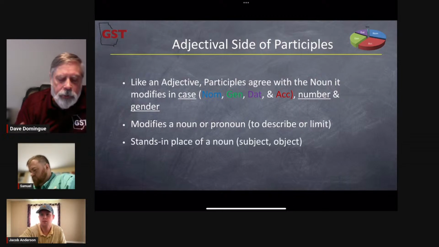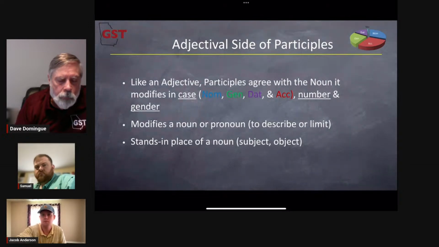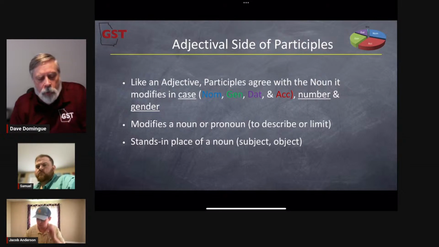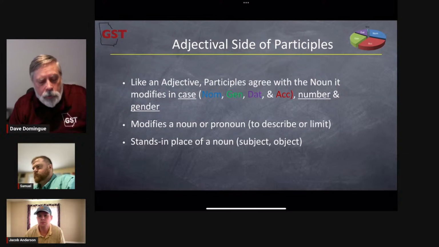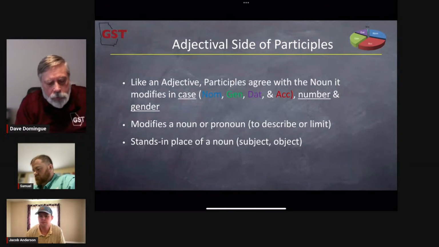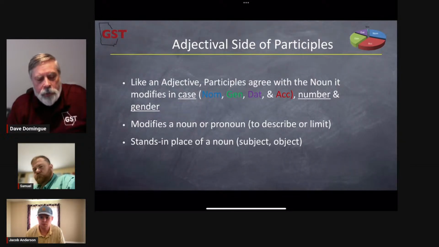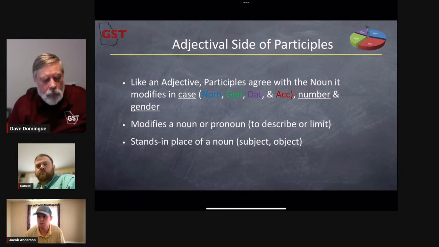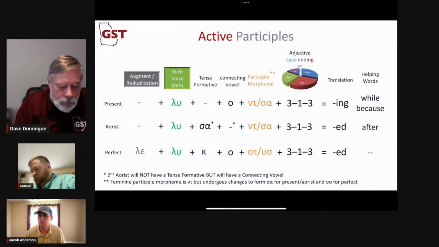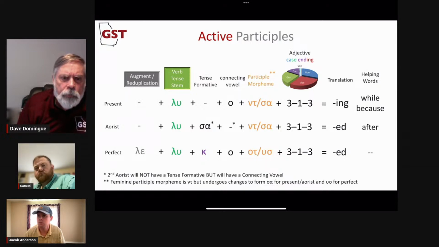It can also stand in place of a noun, such as in the subject form or the direct object form. So participles can do the same thing. But an adjectival participle and an adverbial participle are just a participle, and they look exactly the same. So now we're going to talk about how we differentiate it. But before we get there, I want to go back through when we do an active participle.